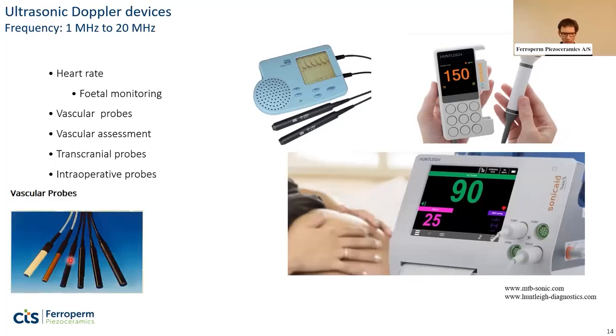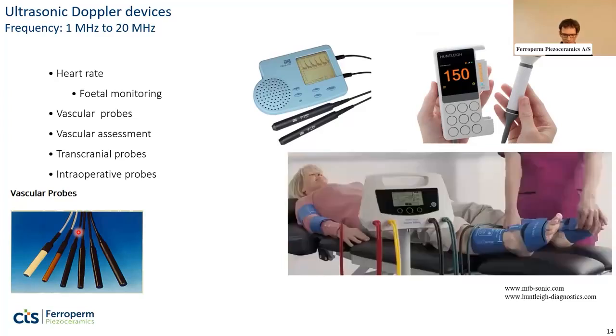These are some examples of vascular probes that can be inserted into, for example, a blood vein, and do measurements inside the veins. And here you see also a case of flow measurement, possibly for patients where there's less, let's say, circulation of the blood for some reason.